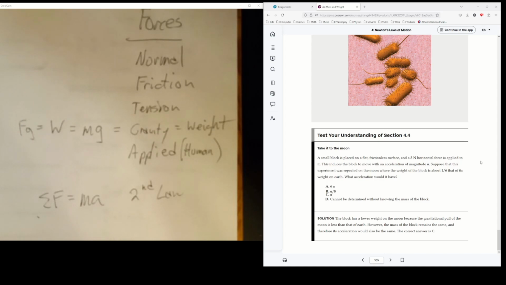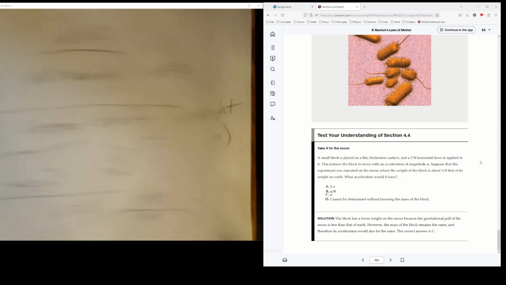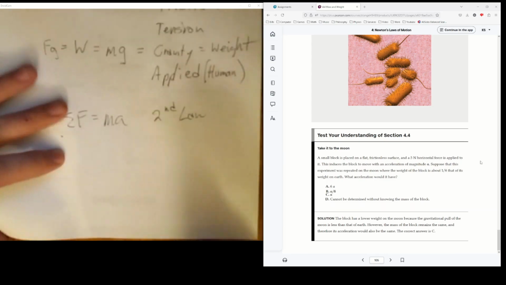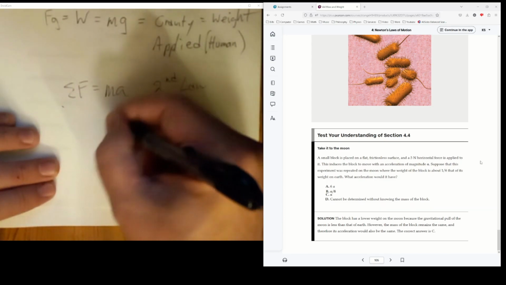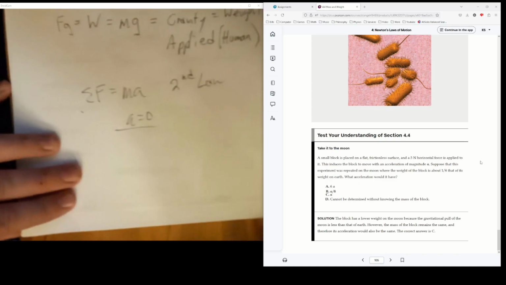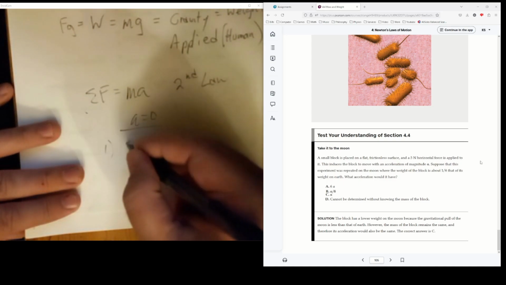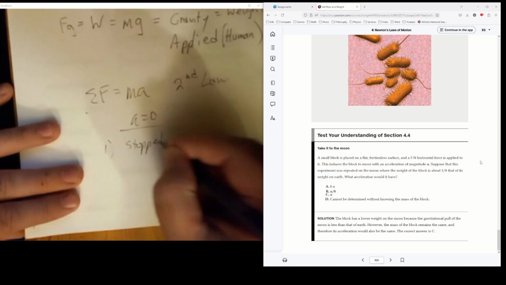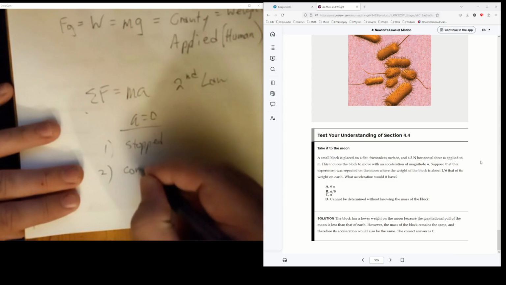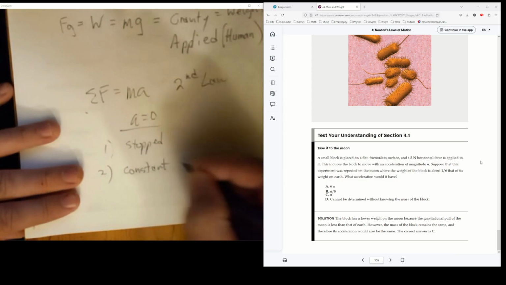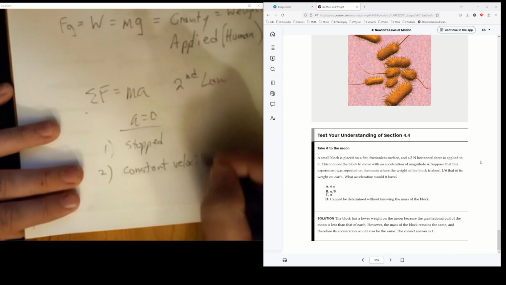And the last thing that's important to remember are the 2 cases of zero acceleration. One is you're stopped, and the other is that you're in constant motion, or you're driving at constant velocity.